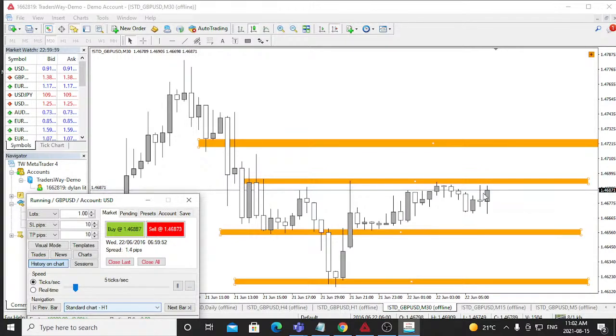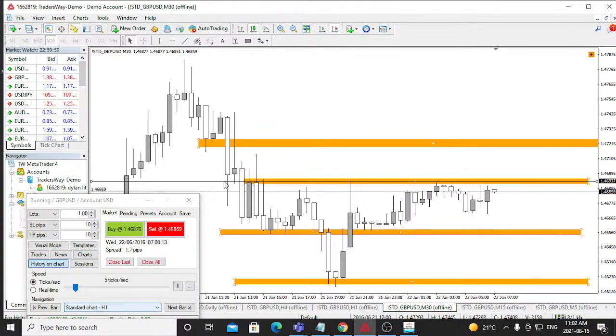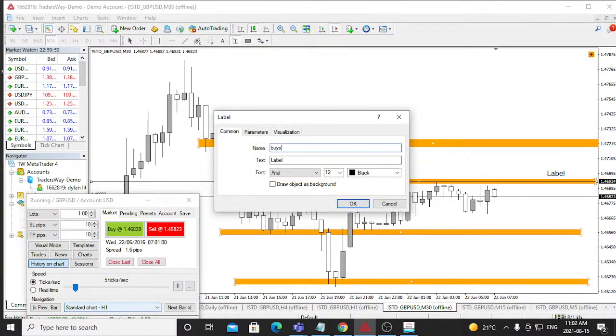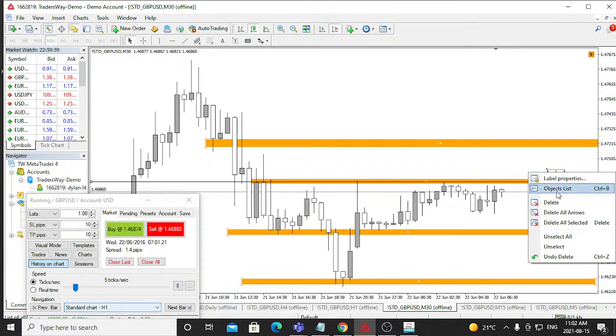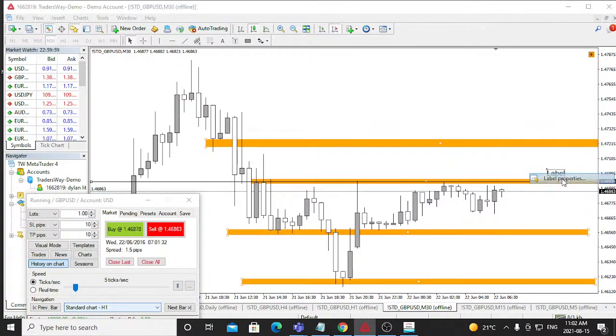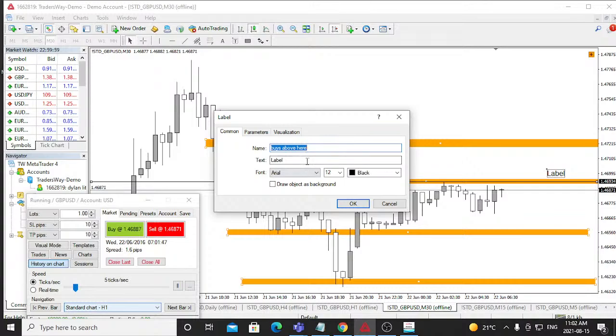I'm wondering if price breaks this area right here, will it go all the way through that area? So we can have a text box and just say buys above here, right?